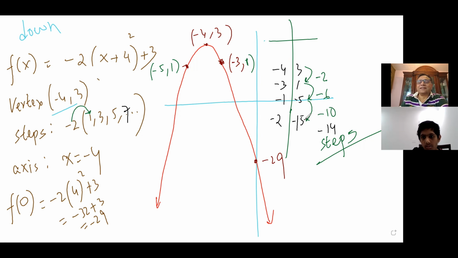And minus 14 gives me minus 29. Sorry, so I have to add one. Minus 1, it is 0 here. What am I doing? Minus 2, minus 1, and 0, right? The x value is going down by 1.